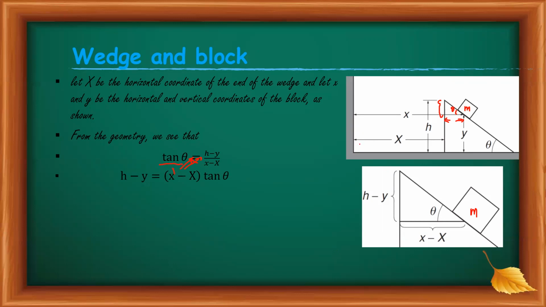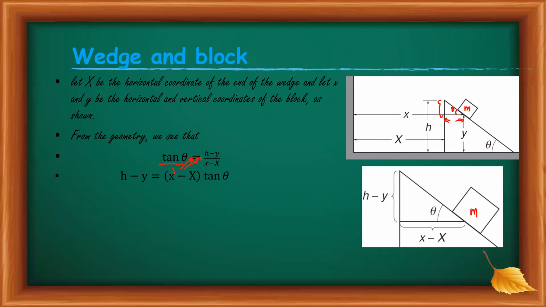If we consider only the motion in the x direction, x and X are the positions of block and wedge respectively. Then x double dot means second order derivative with respect to time, isn't it? That is d square x divided by dt square.